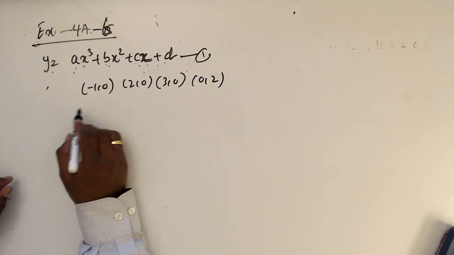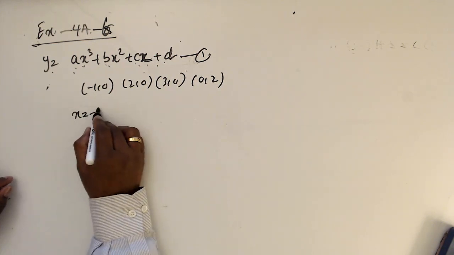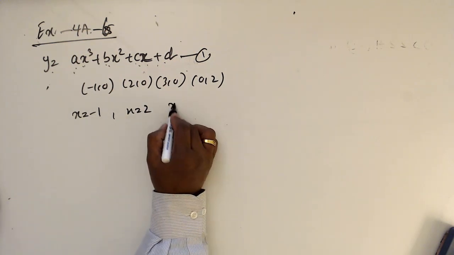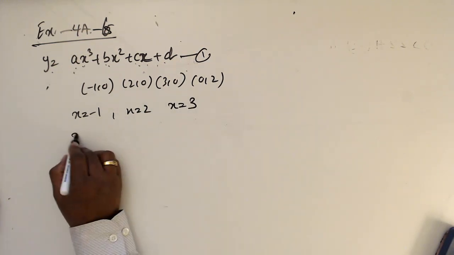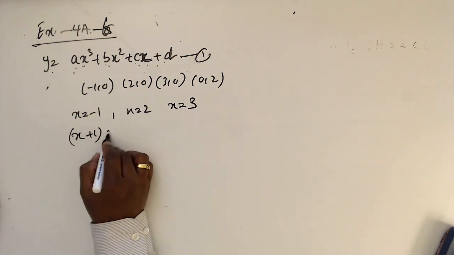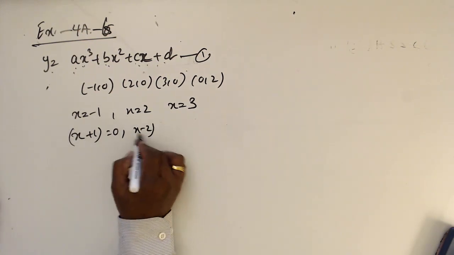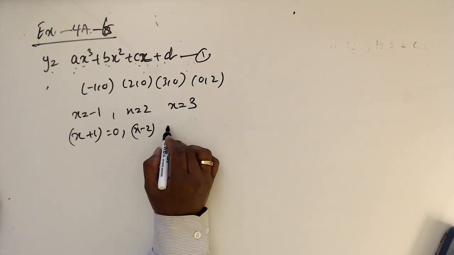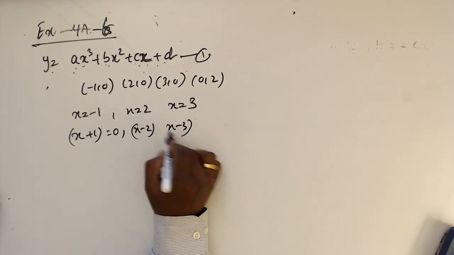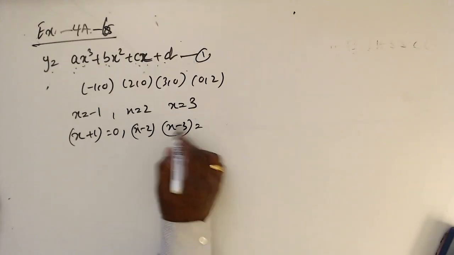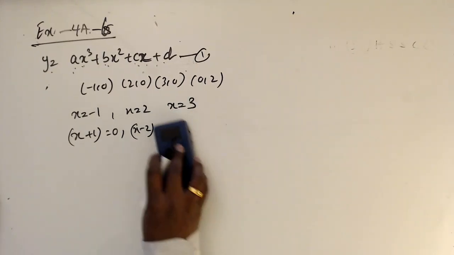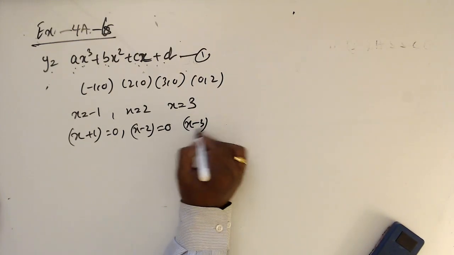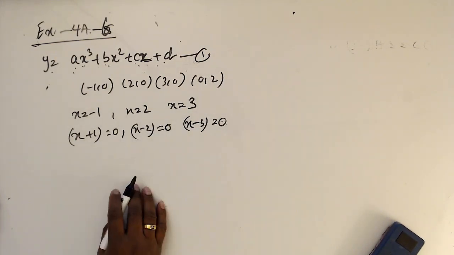Now we can see that x equals minus 1 is a root, x equals 2 is a root, x equals 3 is a root. Then x plus 1 equals 0, x minus 2 equals 0, and x minus 3 equals 0. This is the easiest way to do this sum.